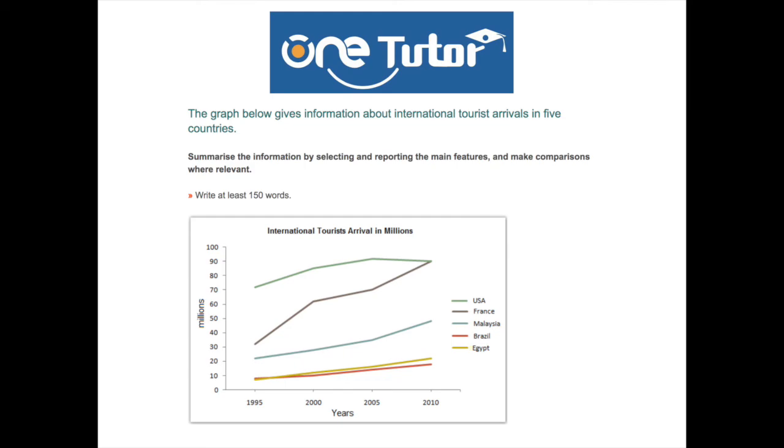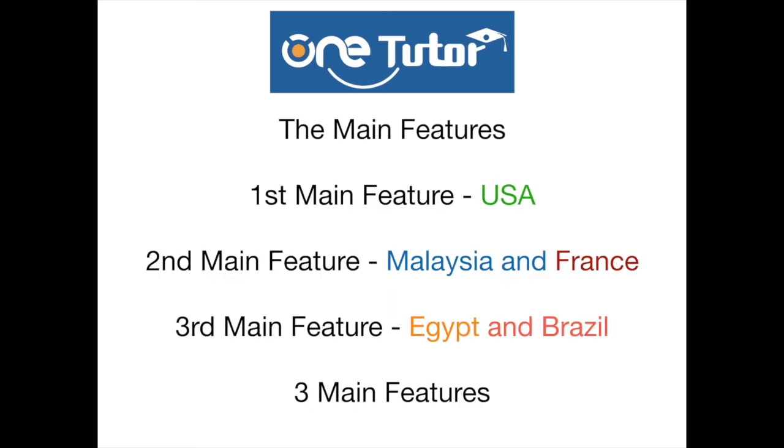So the three main features, potentially, if you want to go this way, are the United States. That would be the first main feature. Second main feature, potentially France and Malaysia. You could talk about those trends or lines being similar. And that third main feature, again, you could talk about Egypt and Brazil, and that would be fine, as long as you talk about them in the right way and use the right language.